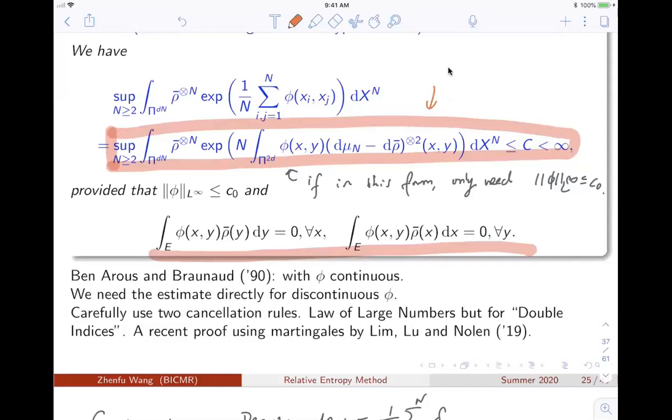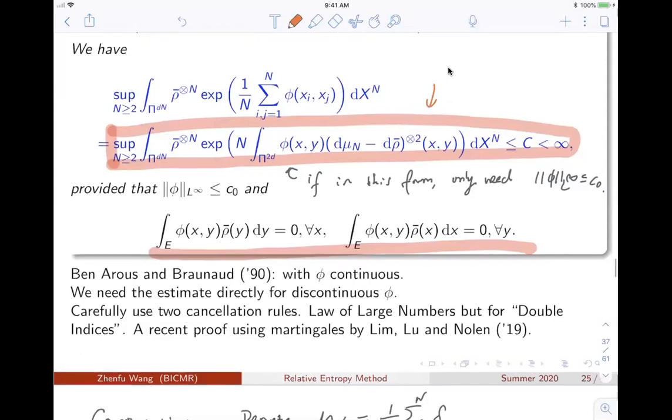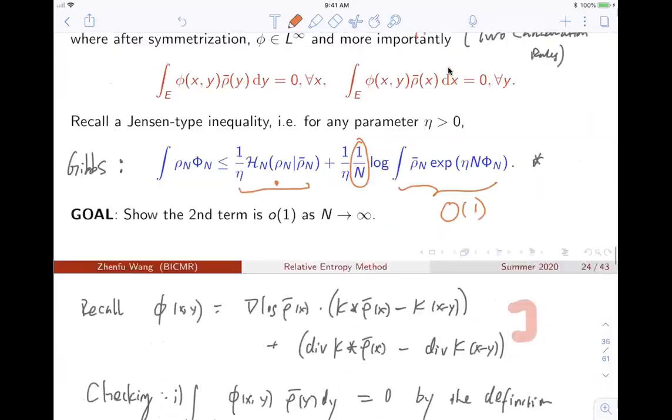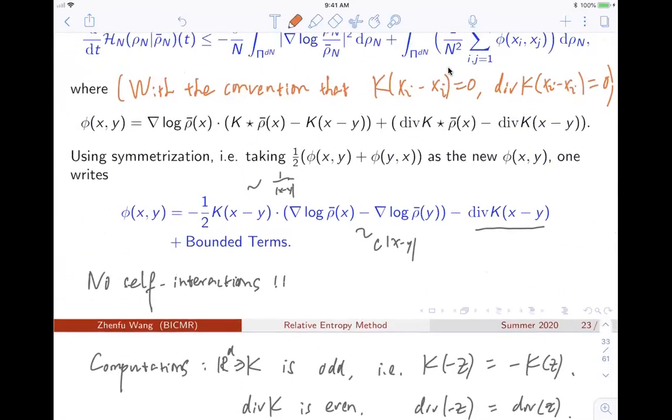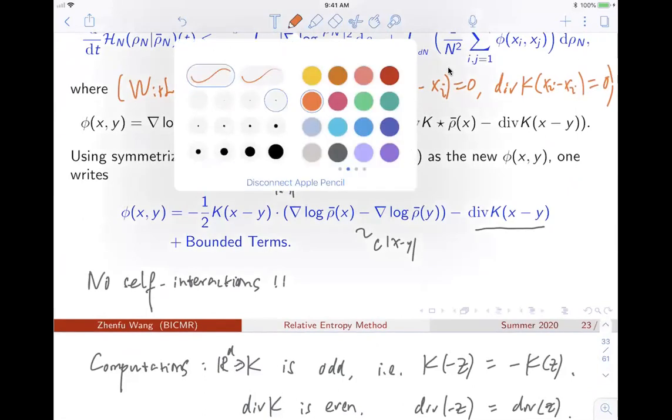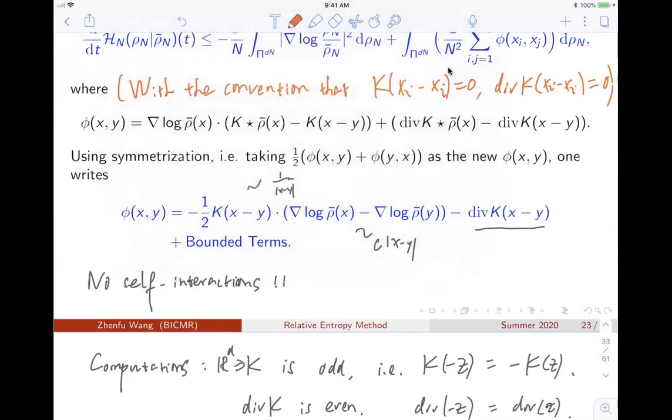I mean, there are many types of large deviation estimates. This in particular appears in Penrose and Bruno's 1990 papers. But they consider phi continuous, which is not satisfied in our case. For instance, our phi is here, and we normalize and symmetrize this phi.